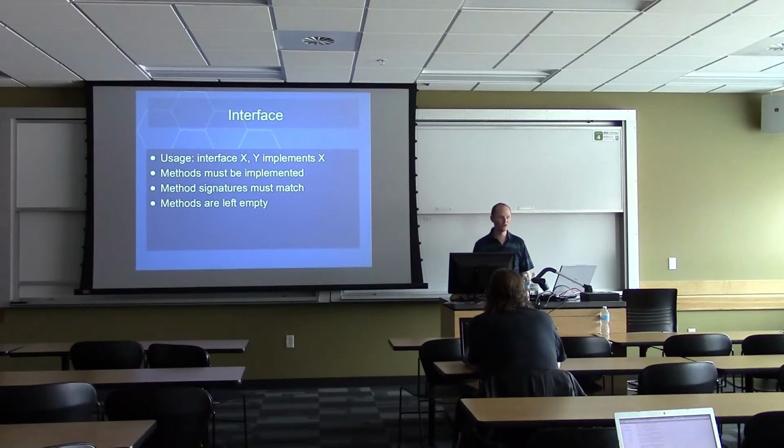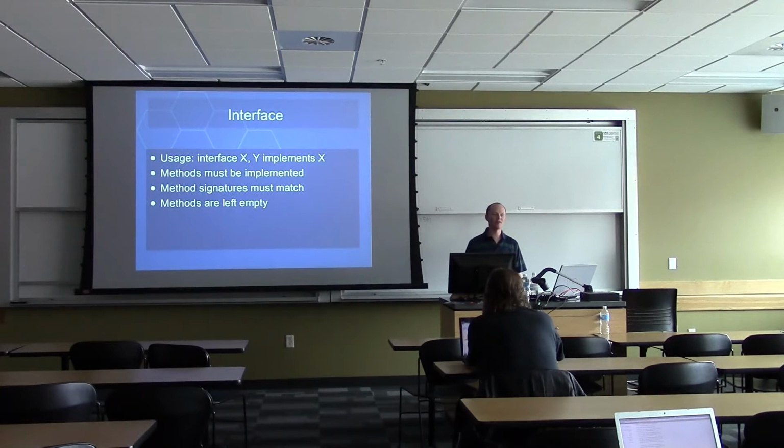The example usage for an interface is you define interface X, and then Y implements X. All methods in an interface must be implemented on the concrete class. Method signatures must match. So if you have exec, the visibility modifier, public, protected, private, must match.